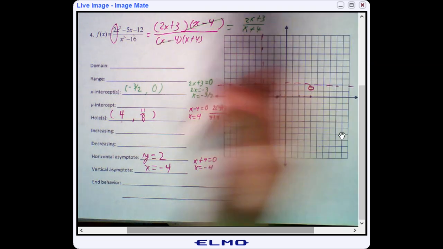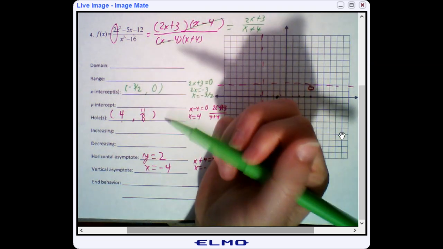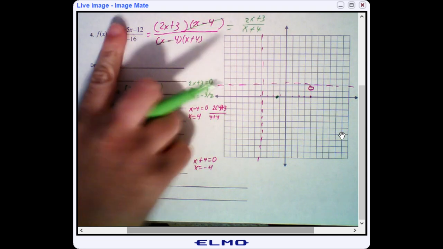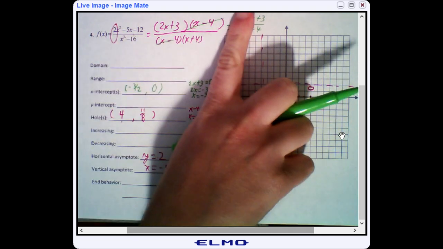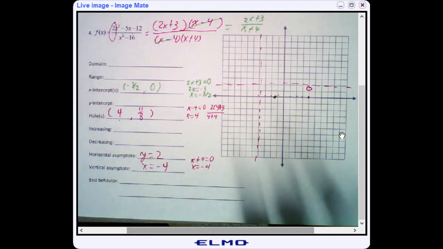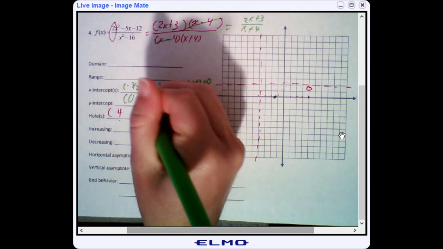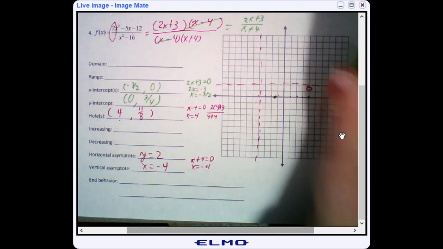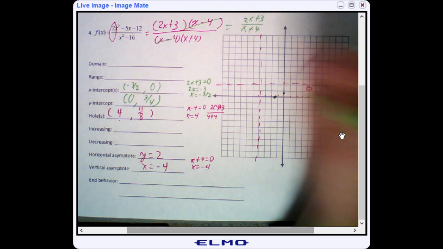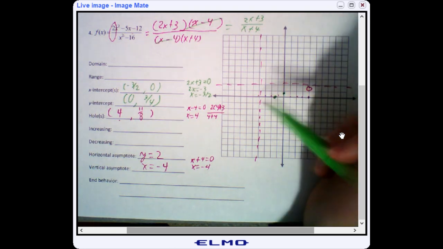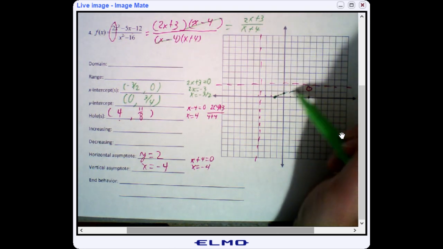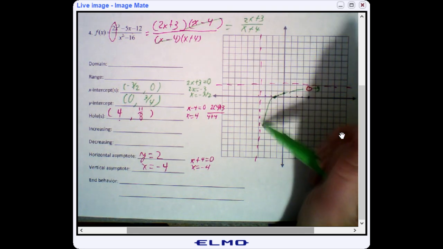And then for the y-intercept, I just put 0 where x is. So basically anything with an x disappears. We're going to be left with either 3/4 or -12 divided by -16, which is still 3/4. I can use Desmos to help me find maybe a good point on the other side.